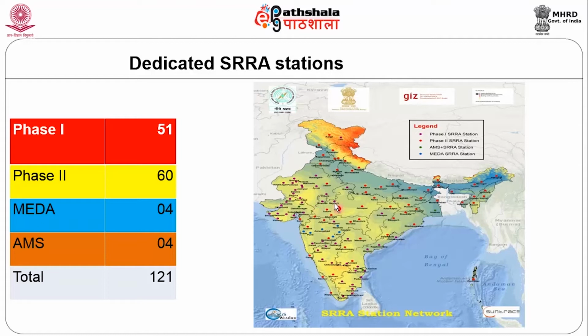All these marks represent solar radiation resource assessment stations, covering almost the entire country from Kashmir to Tamil Nadu and the western and eastern sides. Through these stations we can obtain the data, and before we install the system, we have to check the data available.